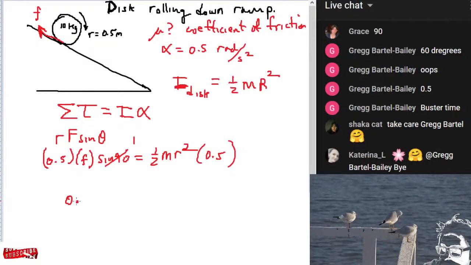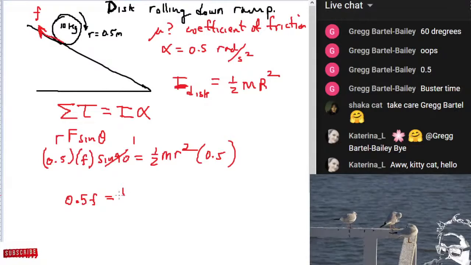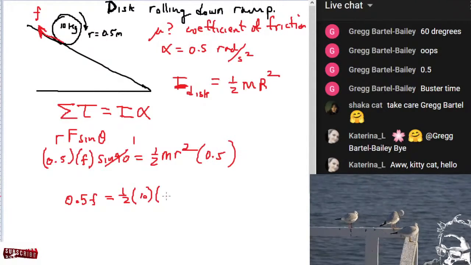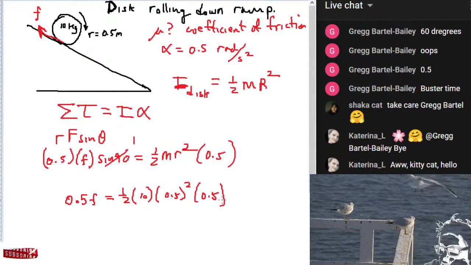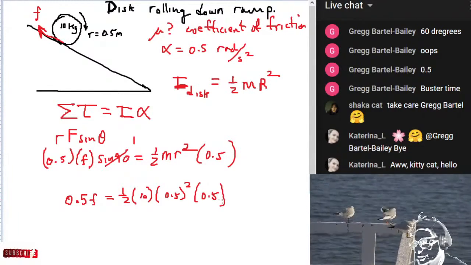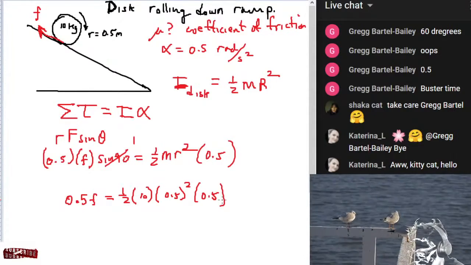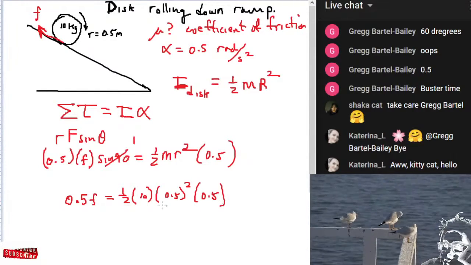So it's 0.5 F equals 1/2 of the mass, which is 10, radius is 0.5 squared, times 0.5. So we have 0.5 to the third power times 10 times 0.5 is 0.625.